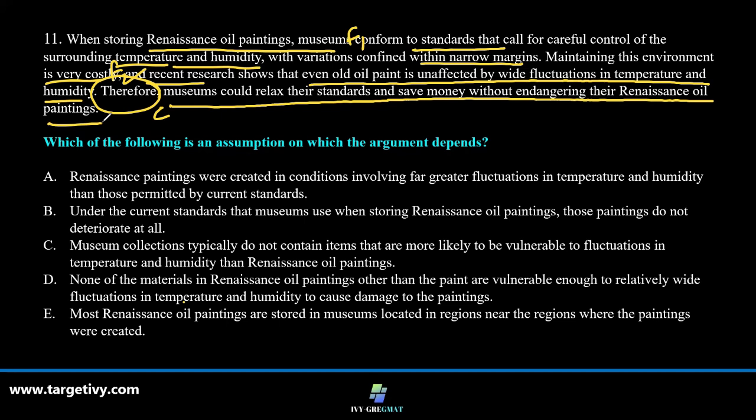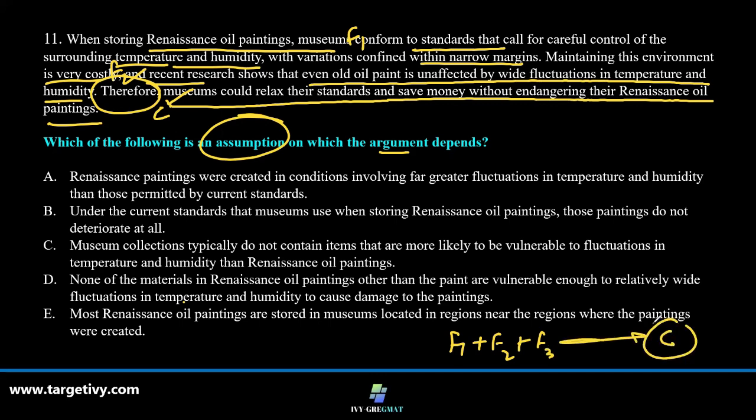So we need to find an assumption that these facts could lead to this conclusion. The question is, which of the following is an assumption on which the argument depends? That all these facts, as per the author, would lead to the conclusion that museums could relax their standards and save money without endangering the oil paintings.